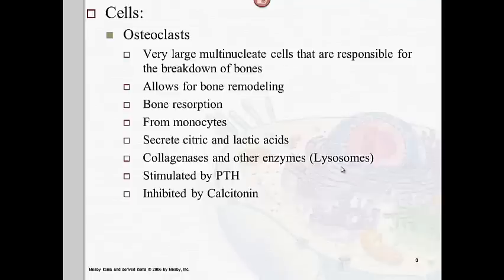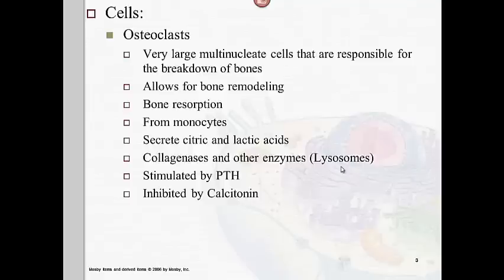Osteoclast activity is also mediated by the interaction of two molecules produced by osteoblasts, which are osteoprotegerin and RANK ligand. An osteoclast can also be an instrument used to fracture and reset bones.